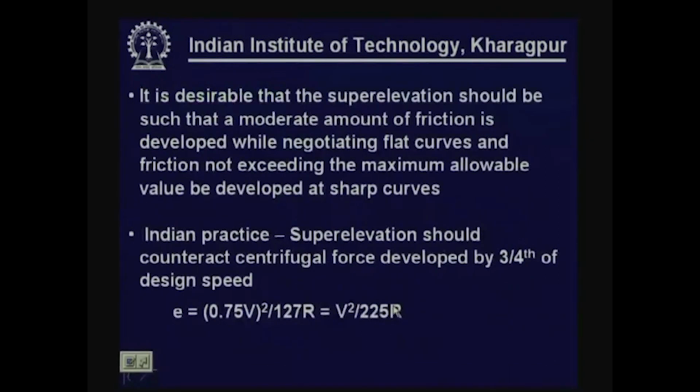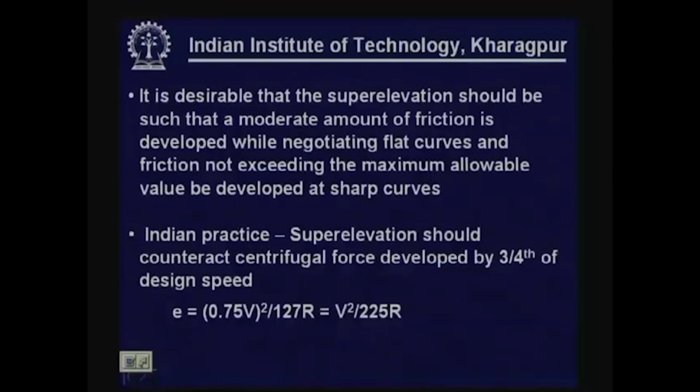Therefore, it is desirable that the super elevation should be such that a moderate amount of friction is developed while negotiating flat curves and friction not exceeding the maximum allowable value be developed at sharper curves. For flatter curves, allow some friction or consider the friction value into design aspects.